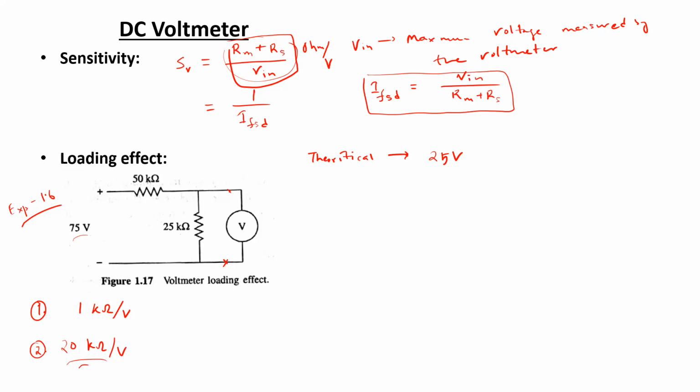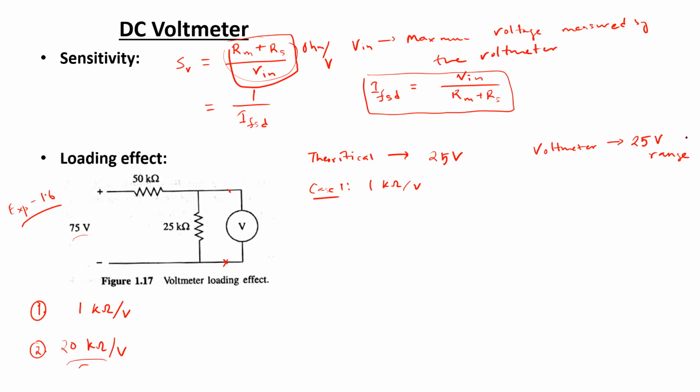Now for the first case, considering the 1 kilo ohm per volt voltmeter, let's say we are using both the voltmeters at 25 volt range.